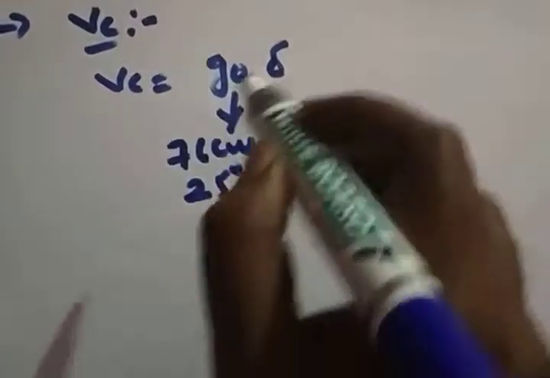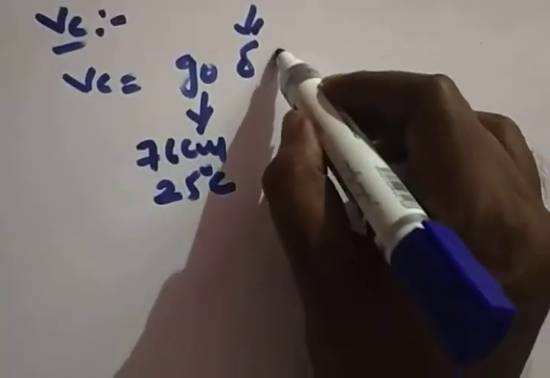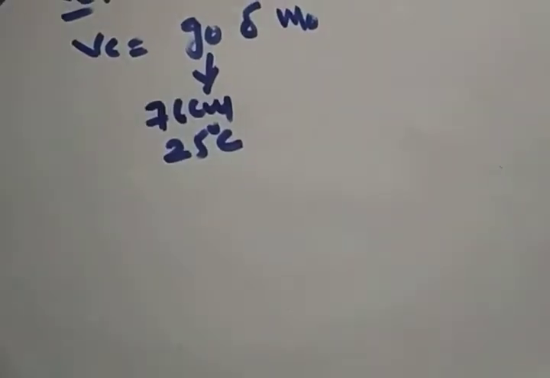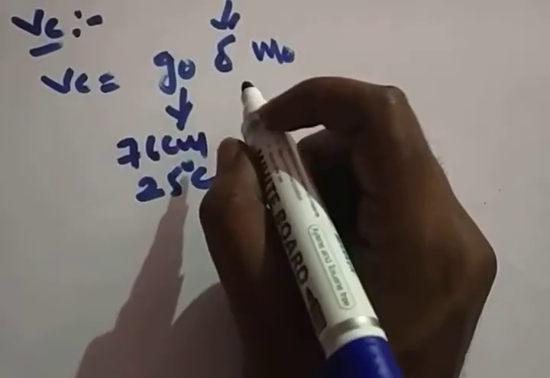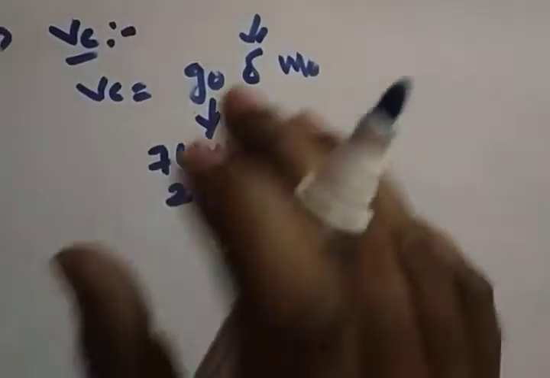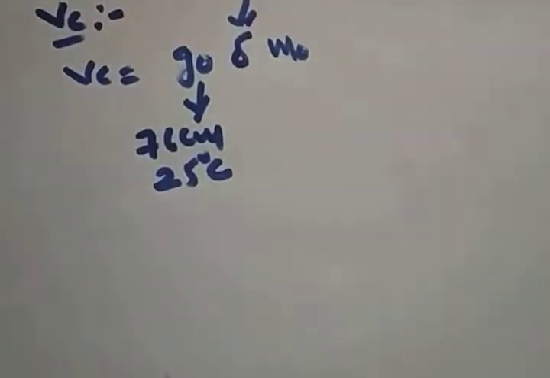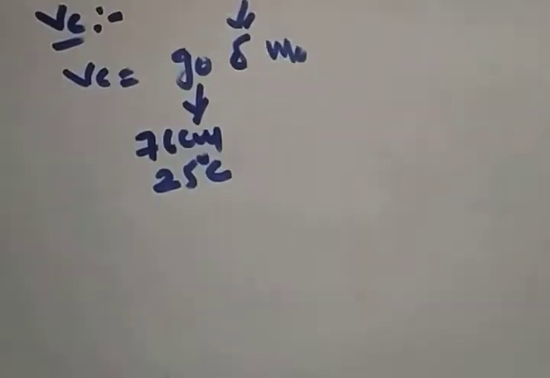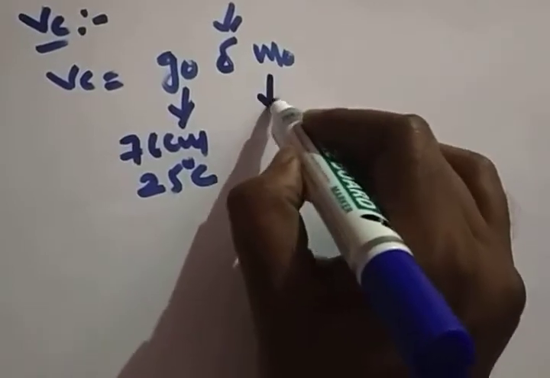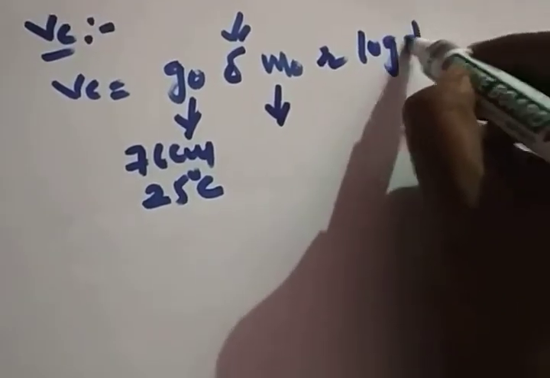If it crosses that, you need to consider your delta value, the air density factor, and one more term which is m naught. We call it the irregularity factor. Why are we taking the irregularity factor? It depends on the design of the conductor. If it is a rough conductor, a dirty conductor, a polished conductor, or an ACSR conductor, we have to include this irregularity factor. Then what is the radius and log of d by r.